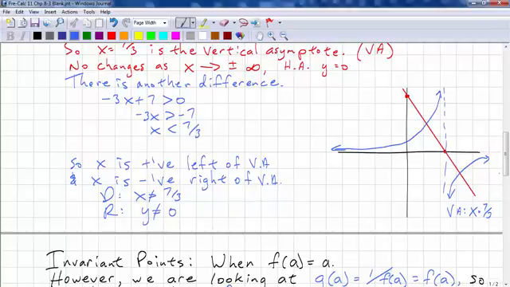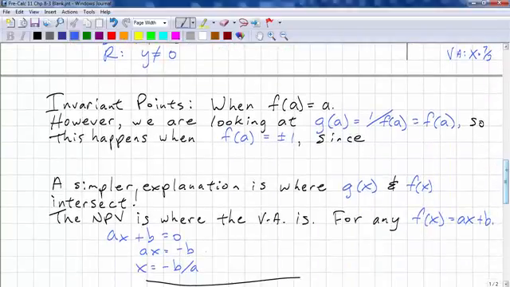Let's look at something that will help us graph: invariant points. Normally we look at f of a equals a, but since we're graphing reciprocal functions, we're looking at g of a equals 1 over f of a, and we want that to equal f of a. So this happens when f of a equals plus or minus 1.